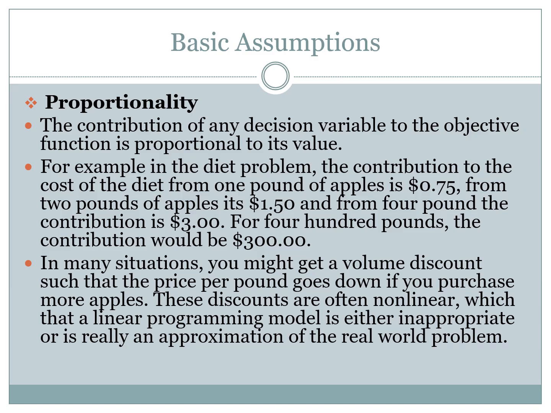For 400 pounds, the contribution would be $300. In many situations, you might get a volume discount such that the price per pound goes down if you purchase more apples. These discounts are often non-linear. Watch that the linear programming model is either inappropriate or is really an approximation of the real world problem.